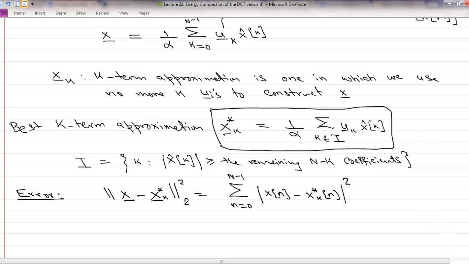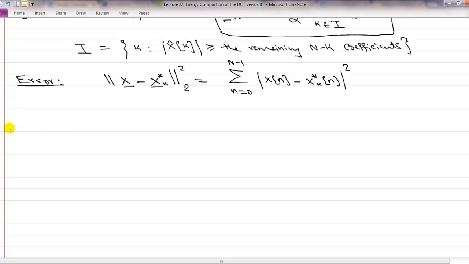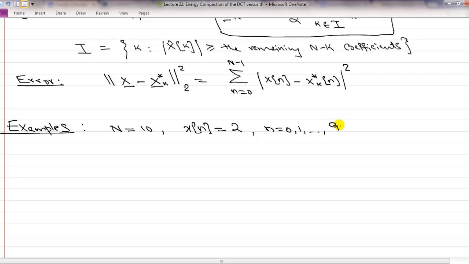So let's take a look at examples from what we already know to give you a better sense. So let's say your capital N equal to 10 and your xn is a constant signal, xn equal to 2 for n equal to 0, 1 up to 9. Okay.